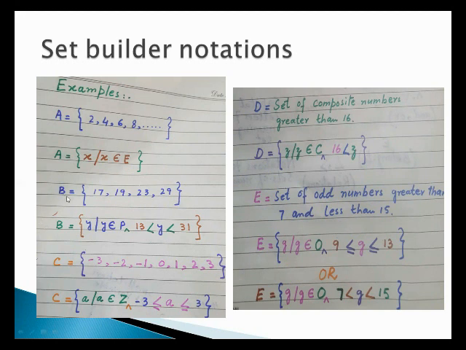Now in set B, the members are 17, 19, 23, 29. We observe that they are all numbers which have only one factor, meaning 17 ones are 17, 19 ones are 19, 23 ones are 23, 29 ones are 29. So we conclude that they have only one factor. So set B can be written in set builder form as y such that y.